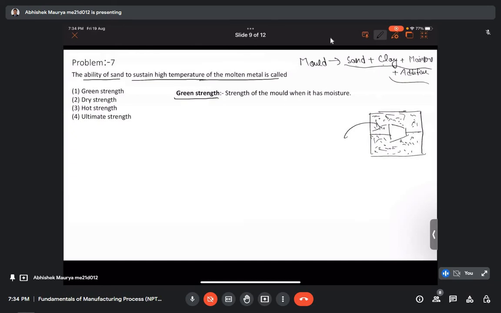And green strength helps to maintain the shape and size of the mold. It is the strength of freshly prepared mold. Basically, because of green strength, the mold can maintain its shape and size initially.